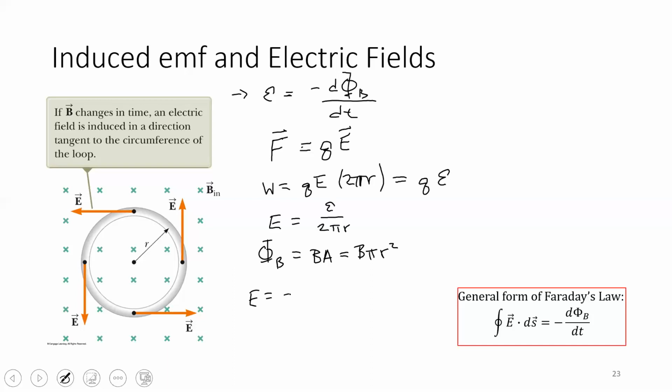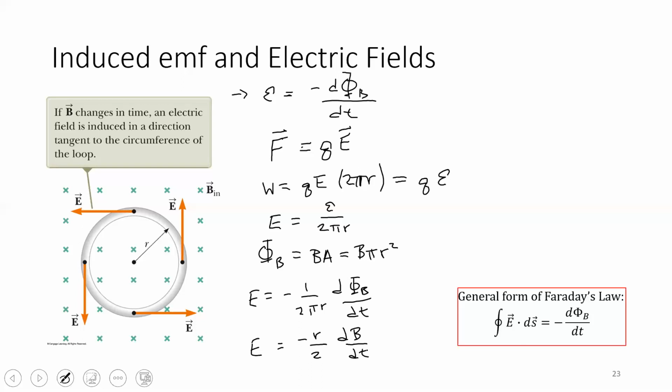And we've got negative 1 over 2πr dΦ/dt. In this case, that simplifies to negative r over 2 dB/dt. So how our magnetic field changes with time, because we're not going to change the area with time in this case.